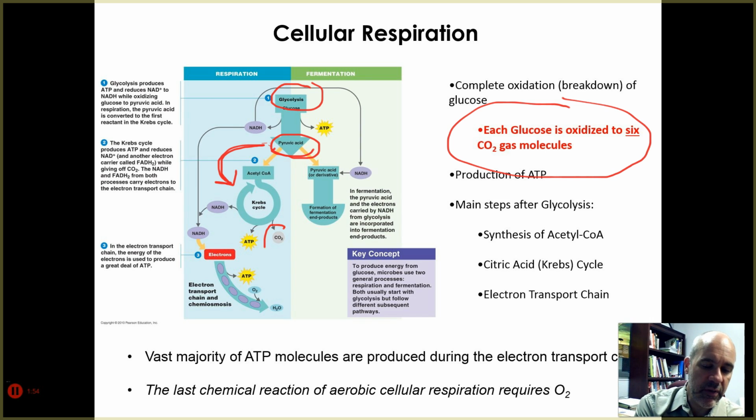So this diagram is showing you CO2 as an output of the citric acid cycle, or the Krebs cycle. You can look in your textbook for more details. Many chemical reactions take place in a cycle form. We're not going to go into all of the details on that. And a major output will be these carbon dioxide molecules.